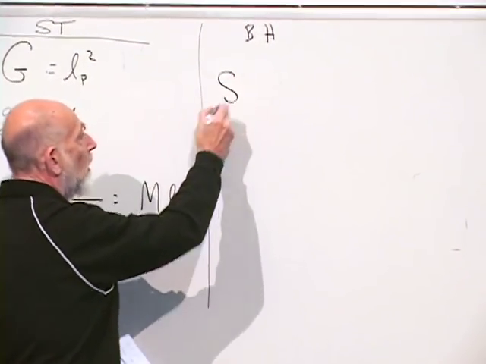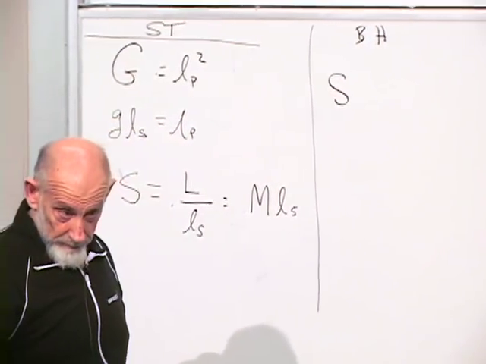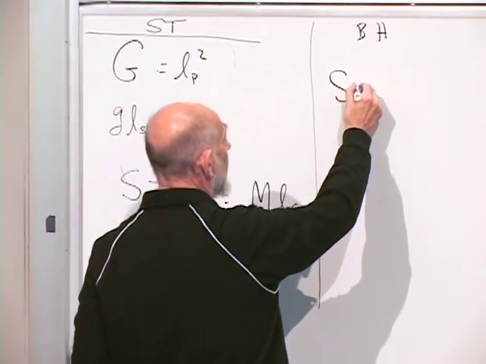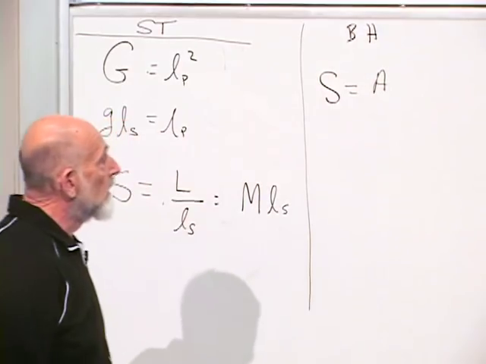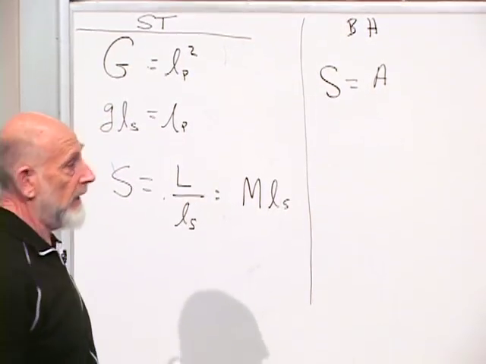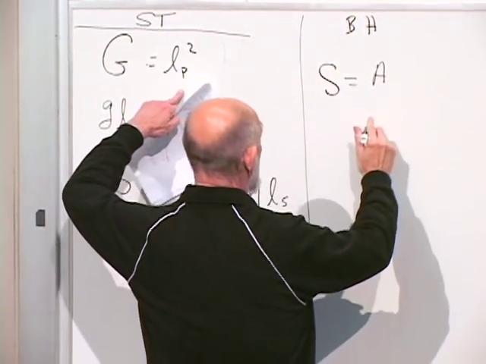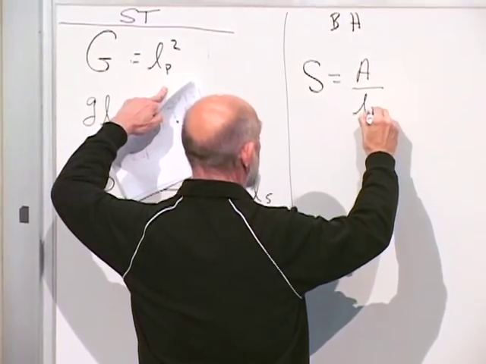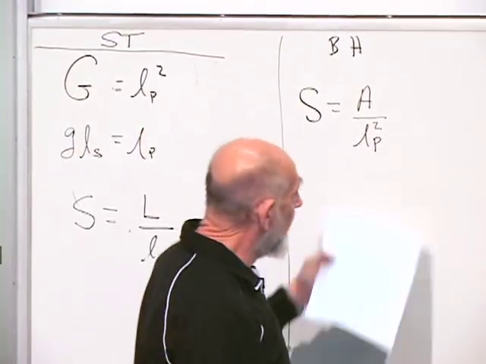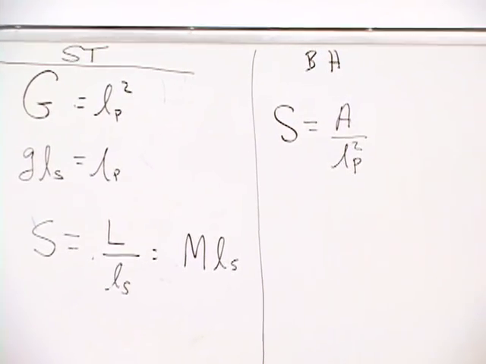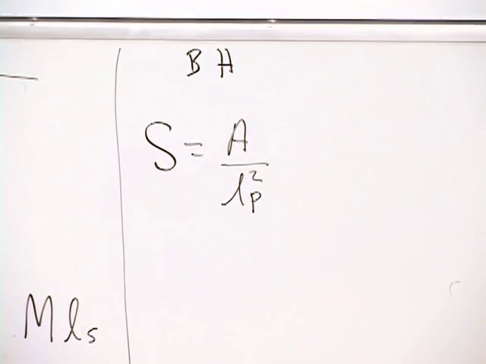The entropy of the black hole, according to Bekenstein, is equal to the area of the horizon, A, divided by either L Planck squared or capital G. They're the same thing, so I'm not cheating you.